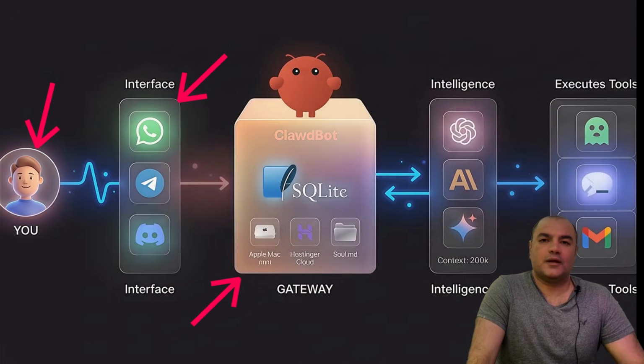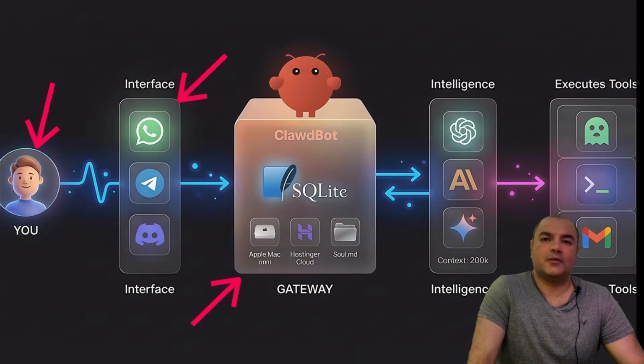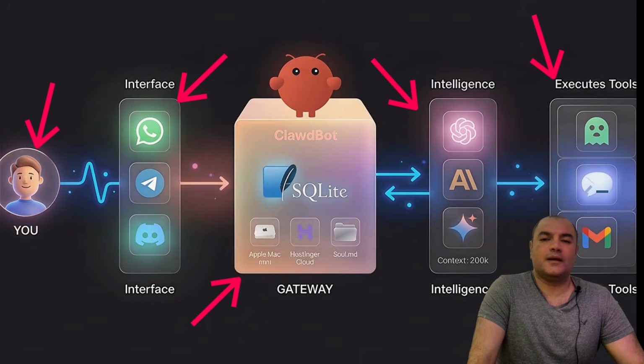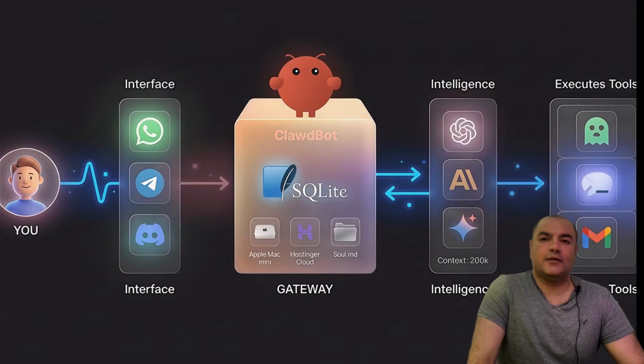It's a service running on port 18789, and it's basically the control center for everything. The gateway sends your message to an AI brain, Claude, GPT, whatever model you've configured. The AI decides what to do and can use tools: shell commands, file access, browser control, sending messages back. Simple enough, right? Now here's where security comes in.